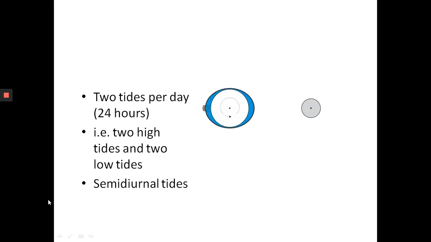So you get 2 tides every 24 hours, which means you get 2 high tides and also 2 low tides per day. And this kind of tidal cycle with a period of 12 hours is called a semi-diurnal tide. So this is a semi-diurnal tide.